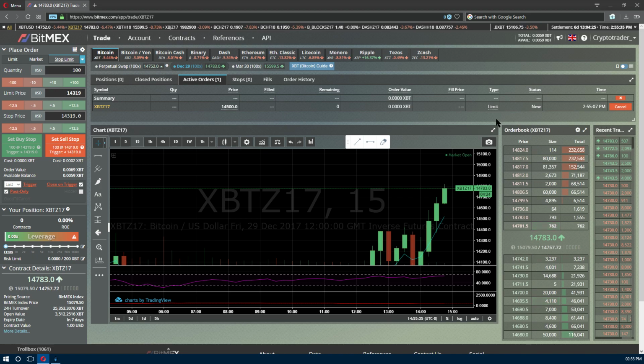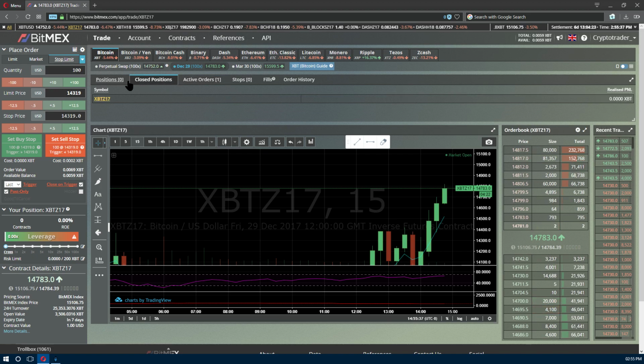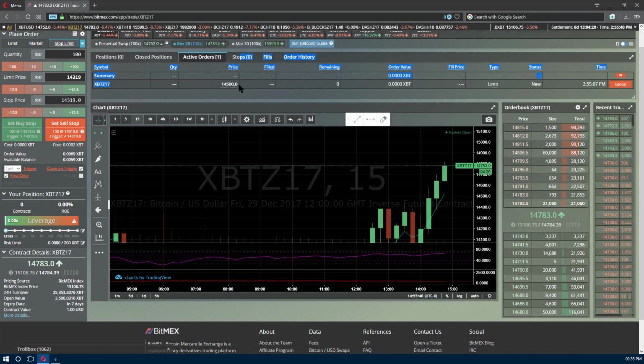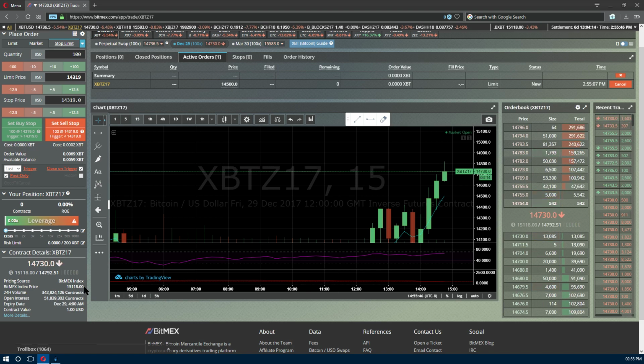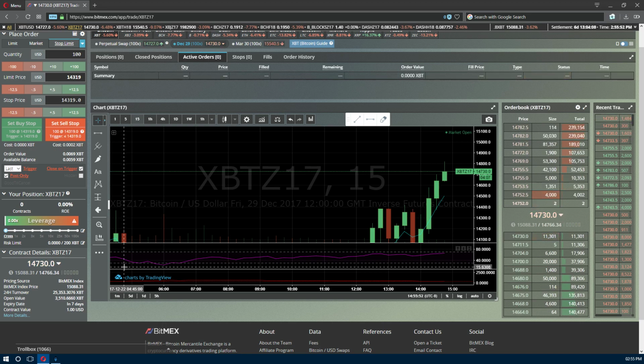What is this doing? How am I supposed to trade this with all these glitches? Damn, man. That is just not a good thing.